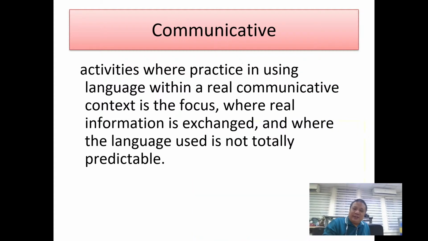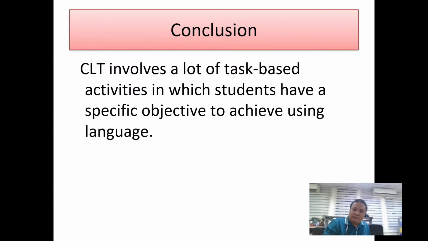And then finally, the communicative activities involve being able to use language in a communicative situation. Okay, in conclusion, class, CLT involves a lot of task based activities in which students have a specific objective to achieve using language.